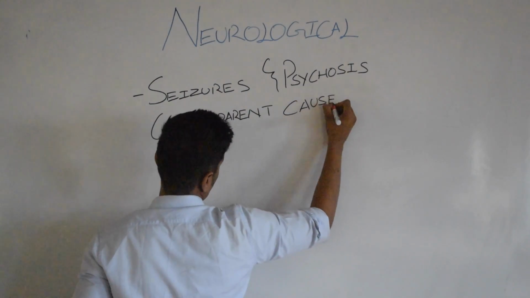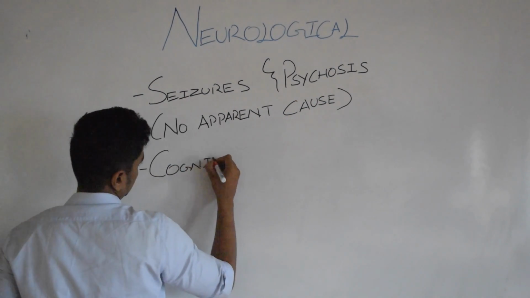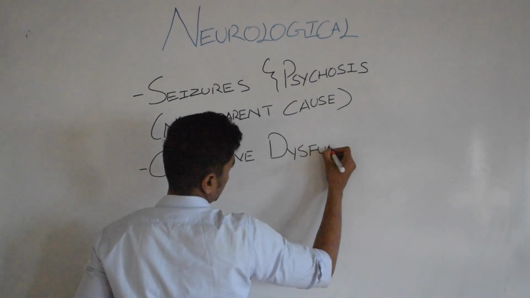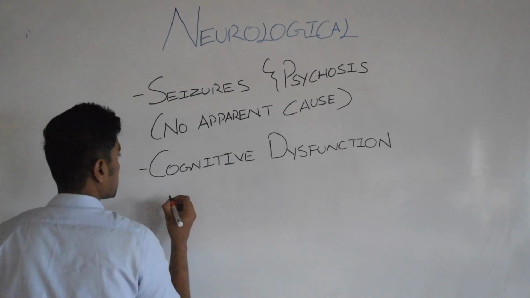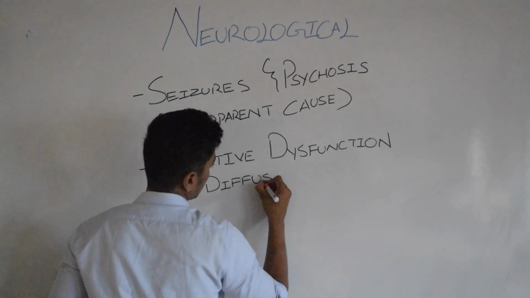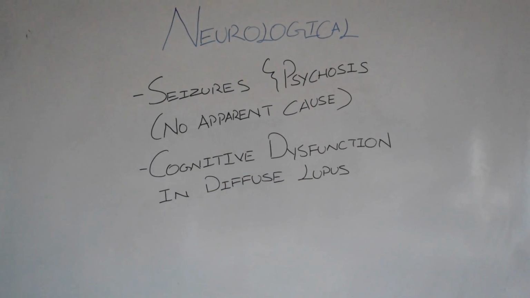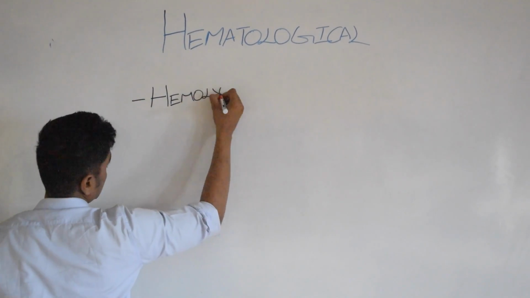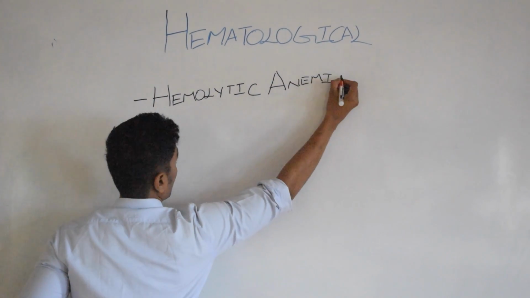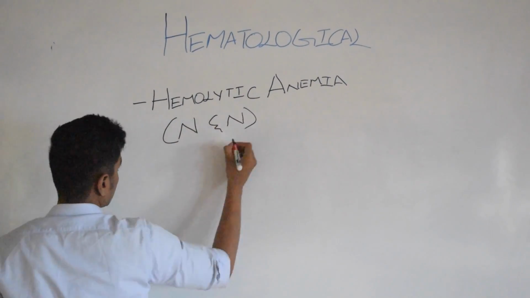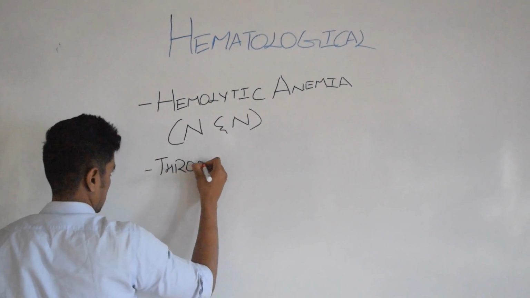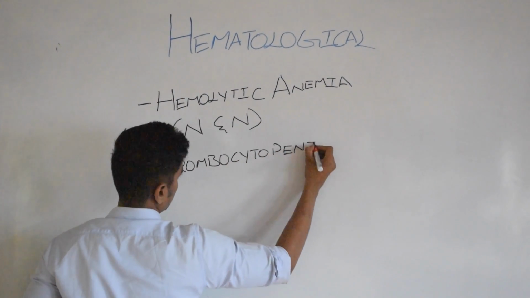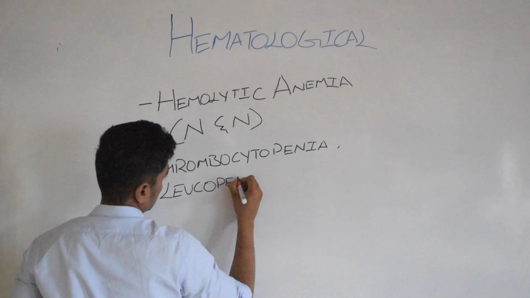Cognitive dysfunction can be seen in diffuse lupus. Hematological disorders such as hemolytic anemia are seen. It is normocytic normochromic type. Lymphopenia, leukopenia, and thrombocytopenia are also common manifestations.